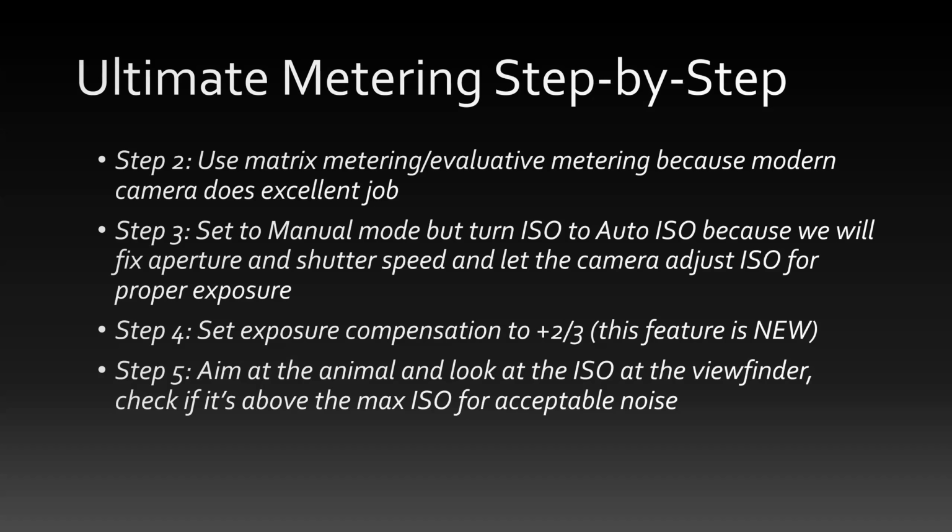So turn the ISO onto auto ISO, because we are going to decide on the aperture and shutter speed like before, like step 1. And don't worry if you don't know the details of it much, because it's going to be in my cheat sheet that you can download at the end of the talk, right? But just kind of remember what I said. Auto ISO.